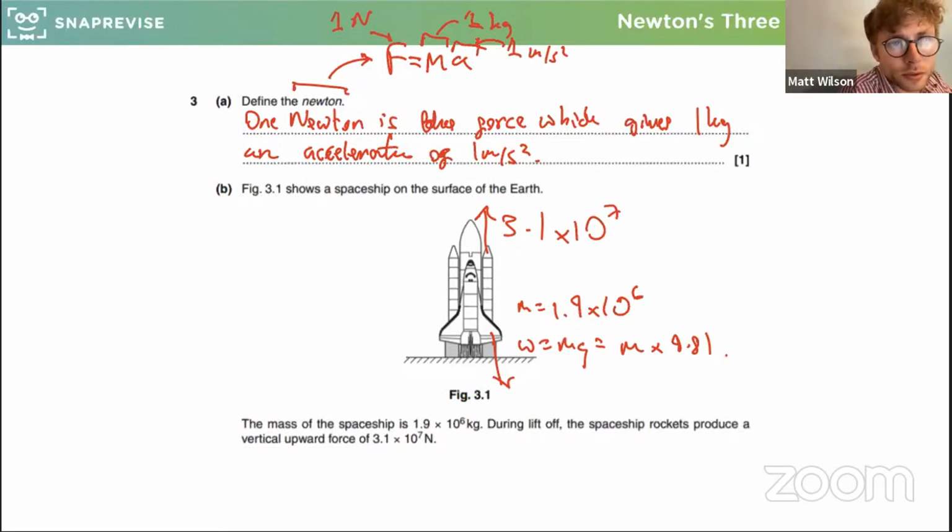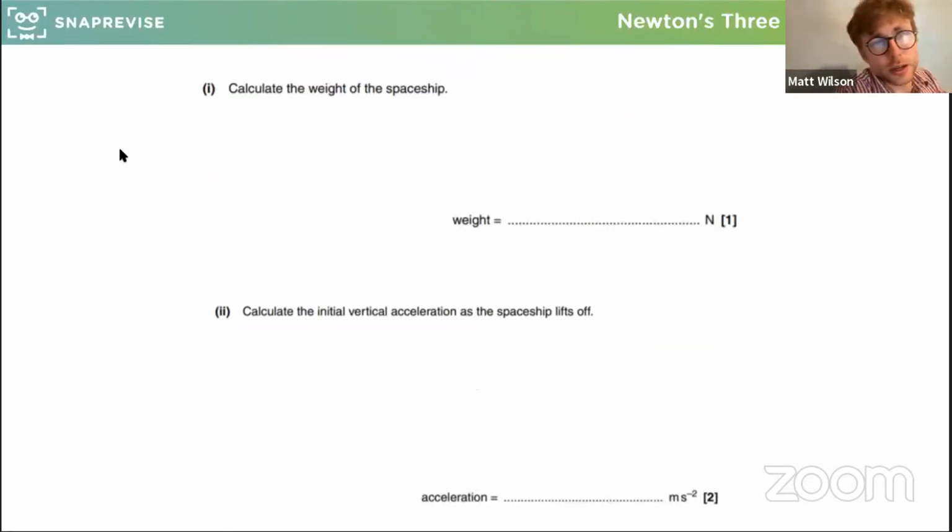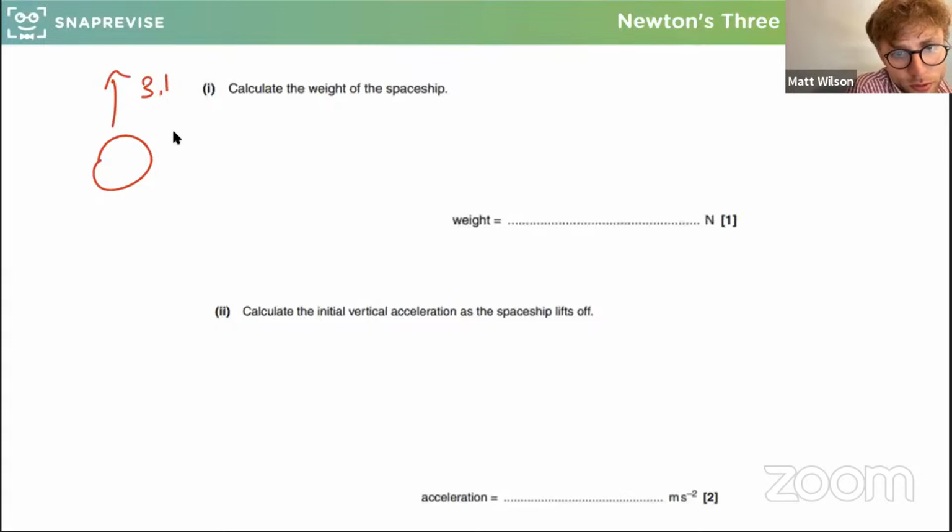Okay, so we've interpreted the question and labeled the diagram. We may have to redraw the diagram on this page, but that's okay. So let's see what we're asked. We're asked to calculate the weight of the spaceship. We'll recall this spaceship, which I'm just going to draw as a blob of mass now. There was this upwards force that has nothing to do with what we're looking at here.